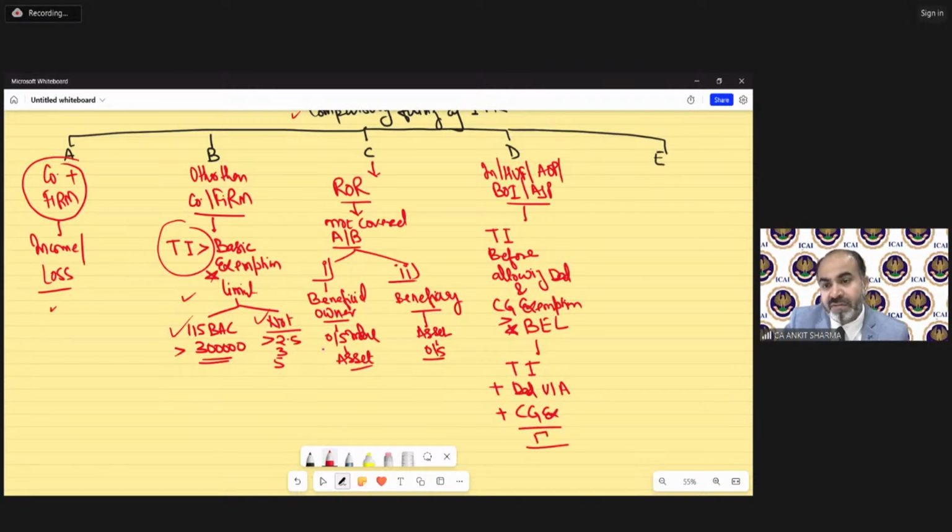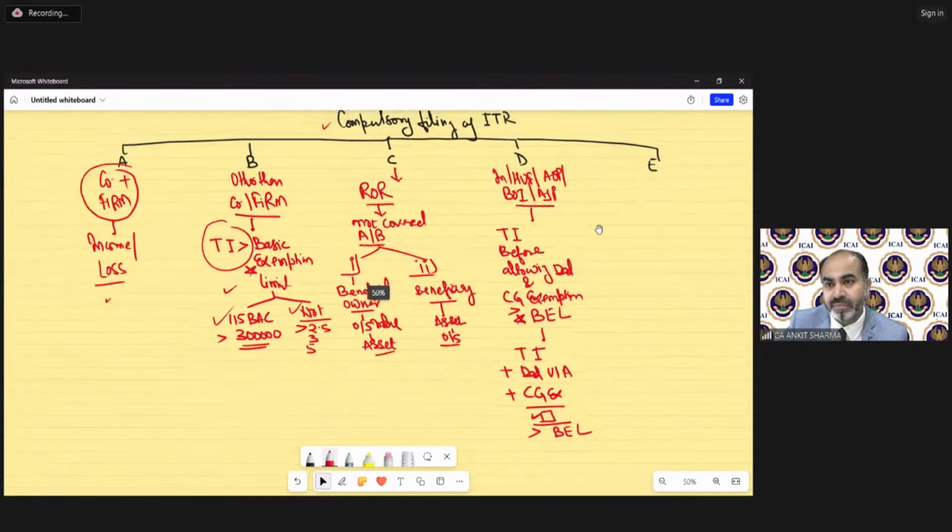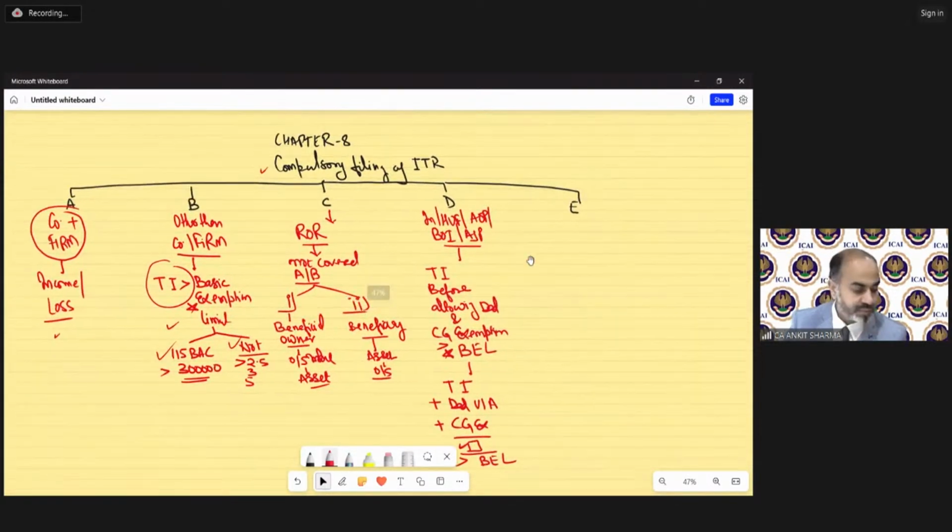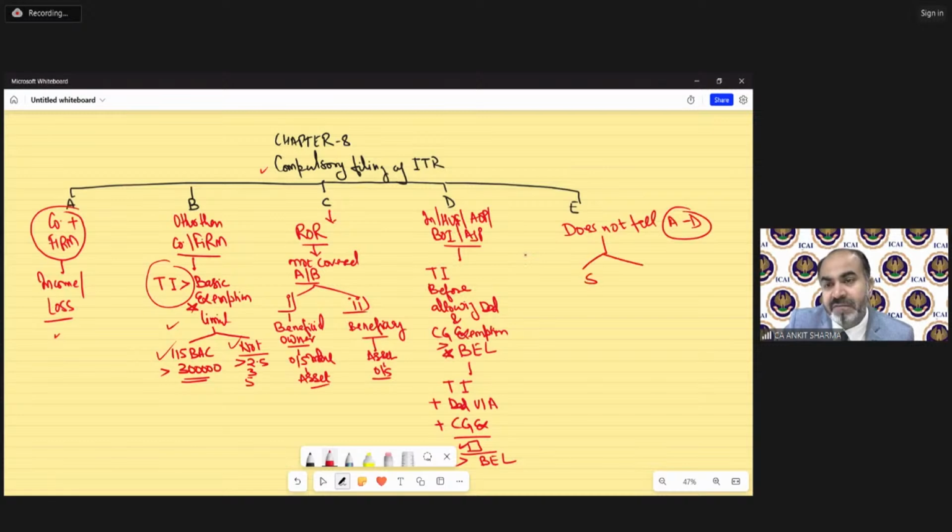Then if this value exceeds the basic exemption limit, then you have to file your income tax return also. Now the case number E has certain conditions: if any person who does not fall in category A till D, but satisfies certain specified transactions.